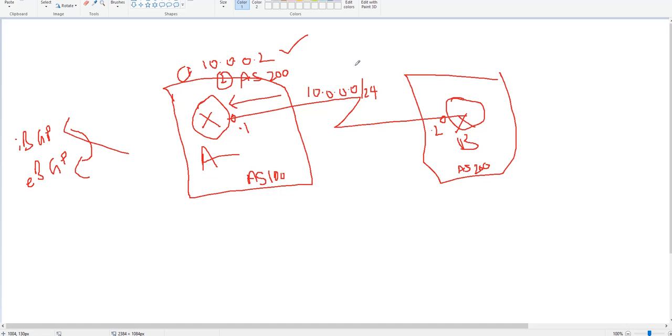It will not form neighborships dynamically like OSPF, ISIS, or EIGRP.